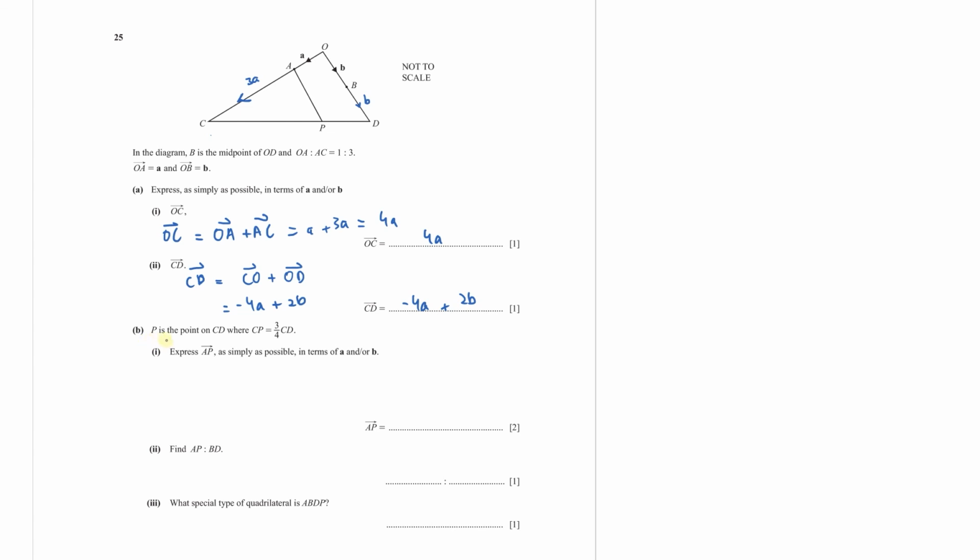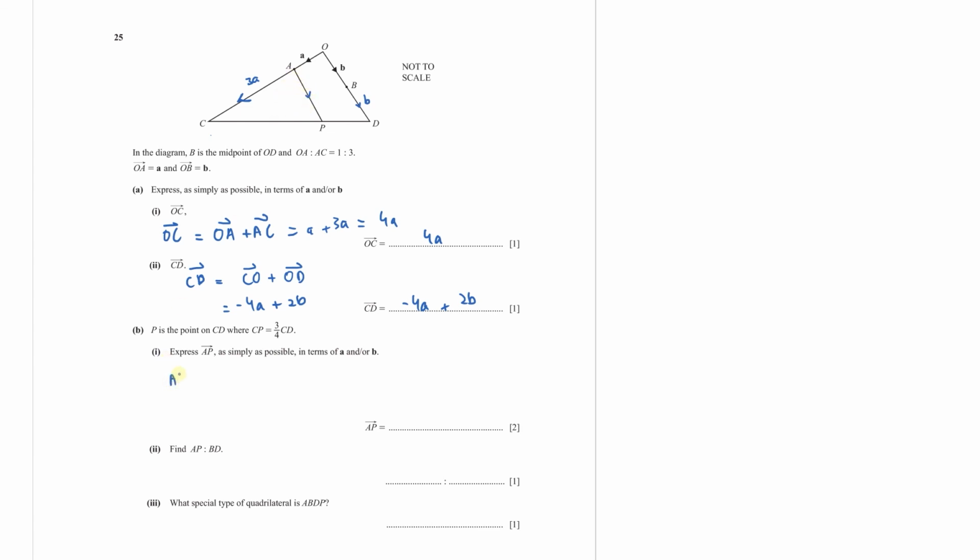Part B is the point on CD such that CP is 3 by 4 of CD. So this CP is 3 by 4 of this full length CD. Express AP as simply as possible in terms of A and or B. So this is AP and we need to find AP.